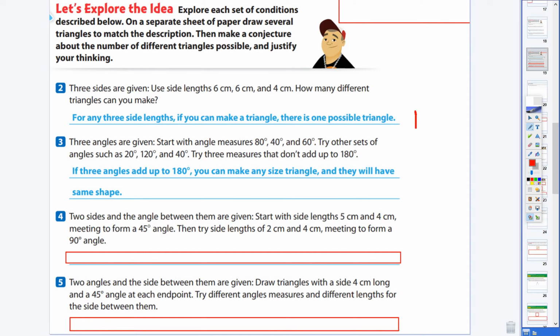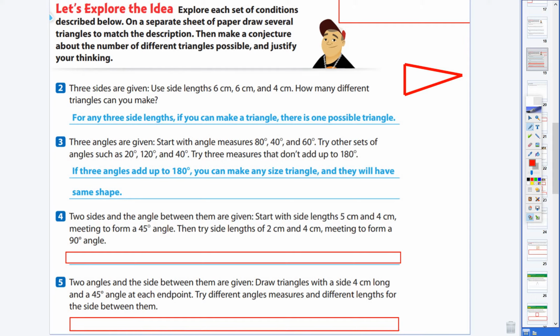Okay, let me draw, let's say, an 80 degree by 40 degree by 60. Let's see, just making this up again, 80 degrees. I can make it as long as I want if you think about that. 40 degrees and 60 degrees. Okay, so let's say this is my 80, 40, and 60.